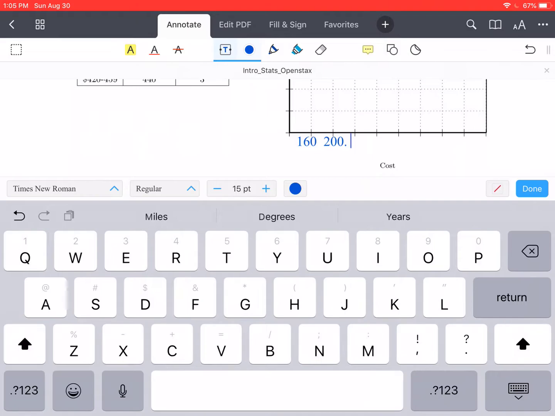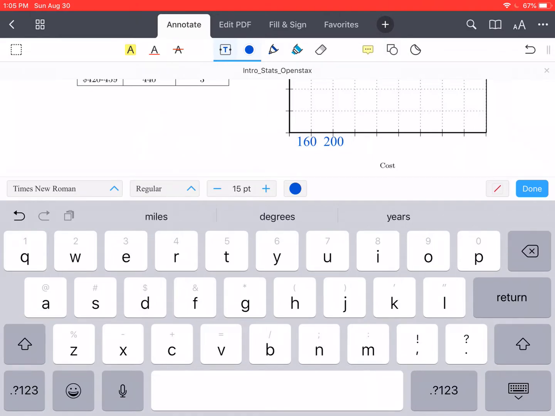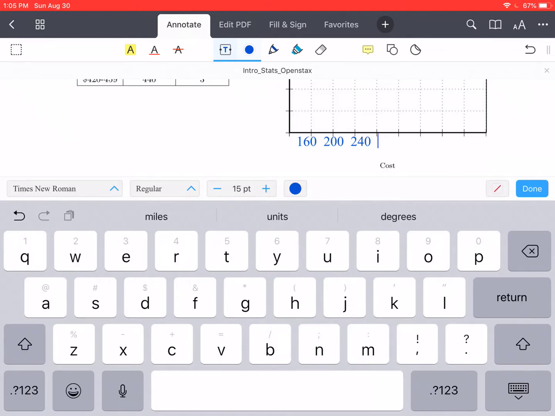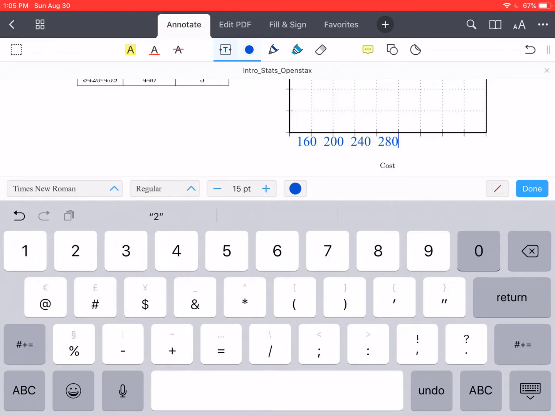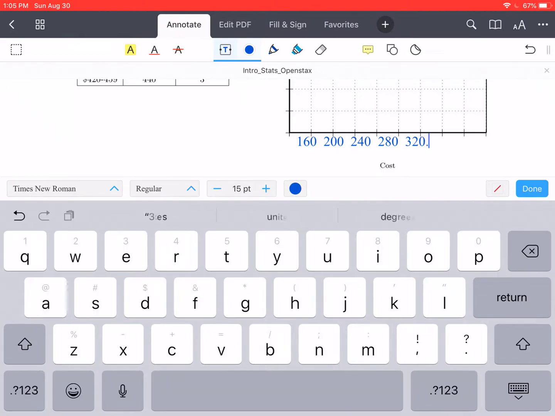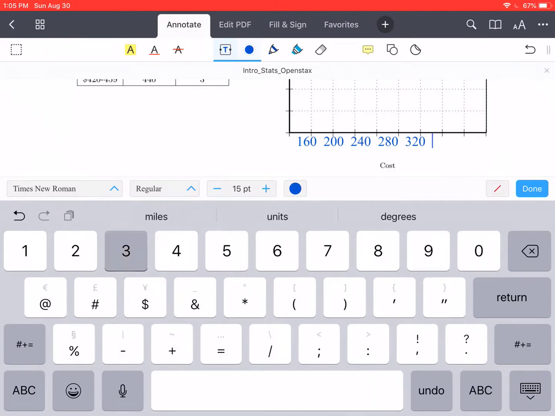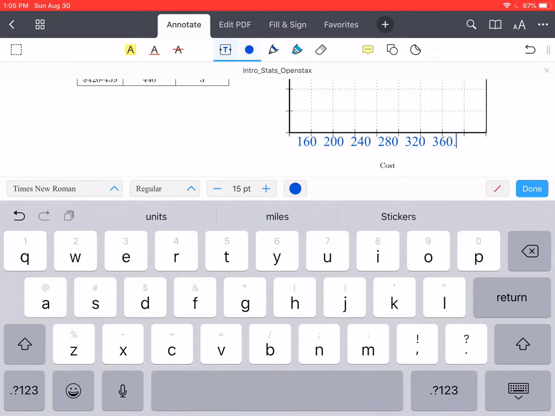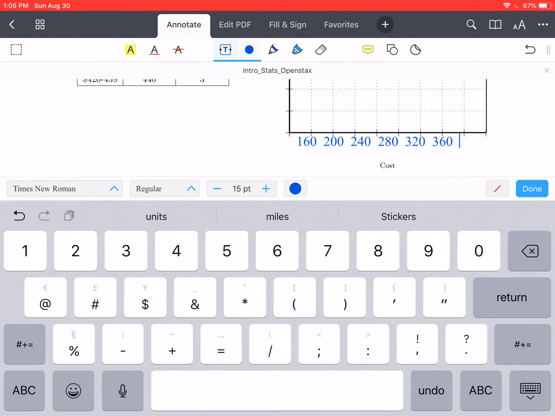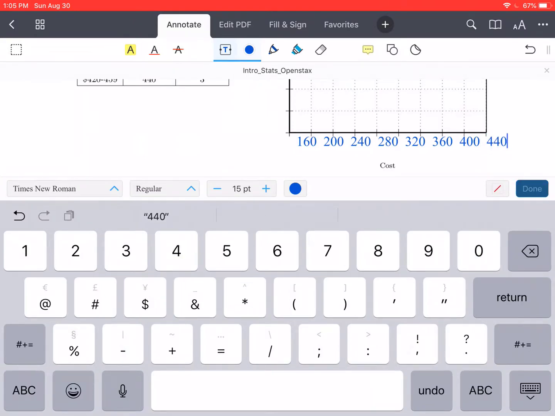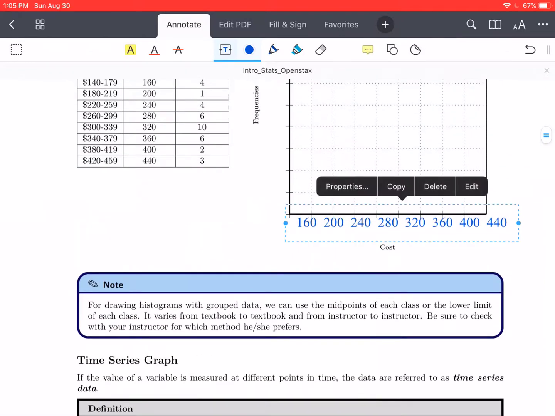200, and I'll make my text smaller in just a second to make it fit better. 240, 280, 320, 360, 400, and 440.